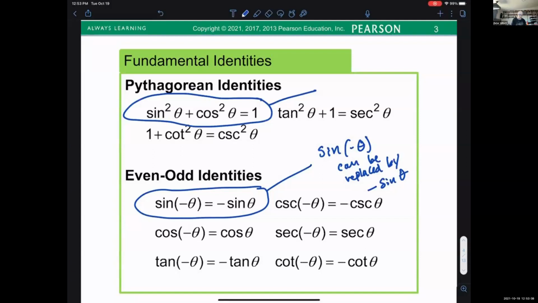So the way these top identities are used is, if you know sine theta or cosine theta, you can solve for the other.